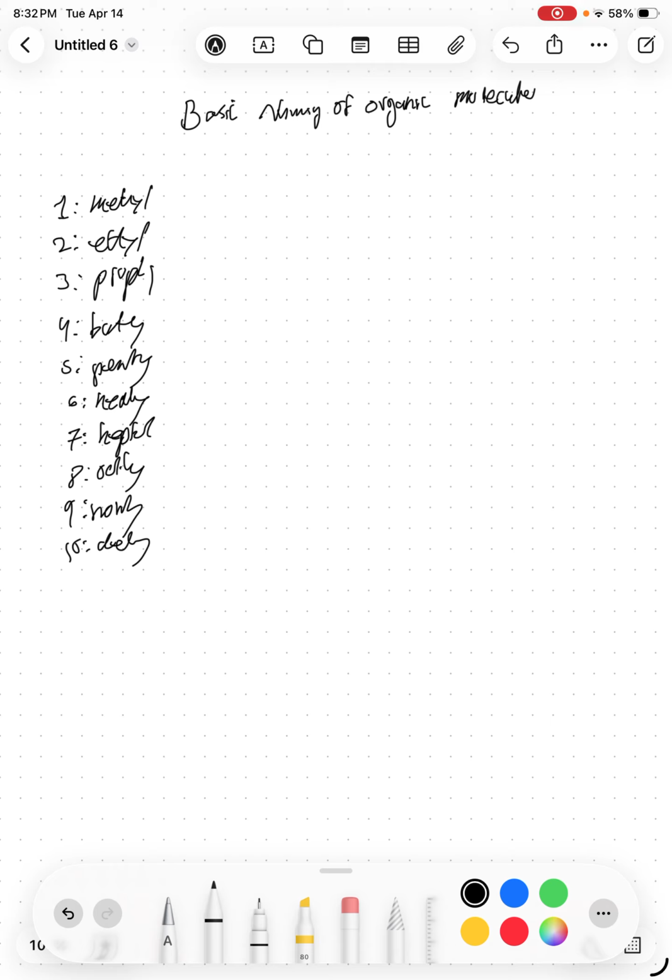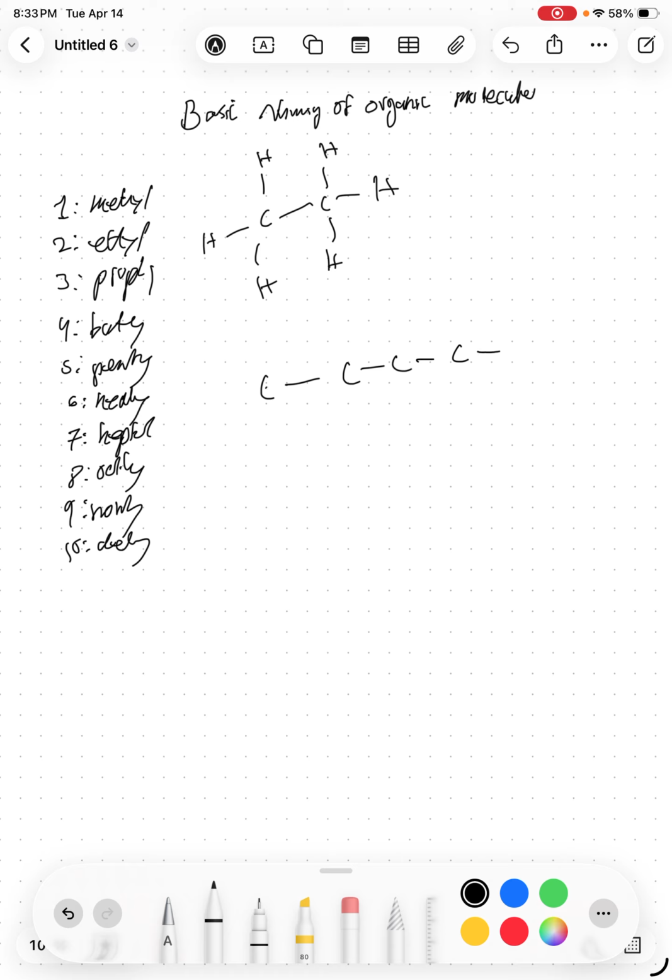Okay, if I were to tell you, draw a methyl, how would you draw it? That's how you draw it. Let's go with ethyl. Back in the days you would have drawn ethyl like this. And if I told you to draw a pentyl, that's how your pentyl would look: 1, 2, 3, 4, 5.